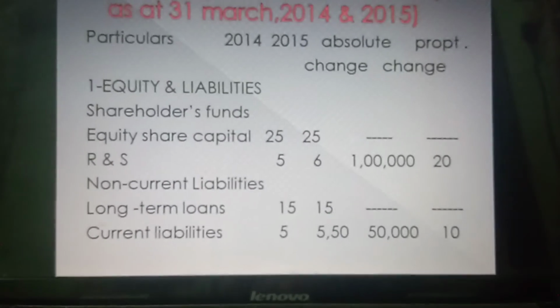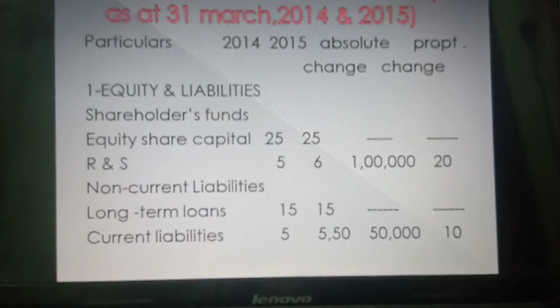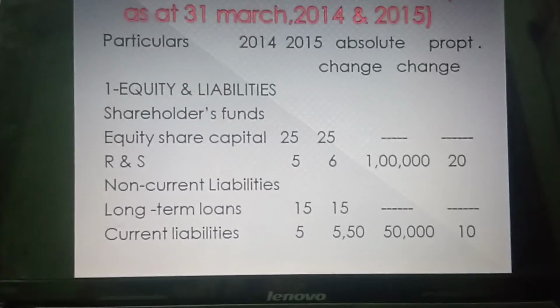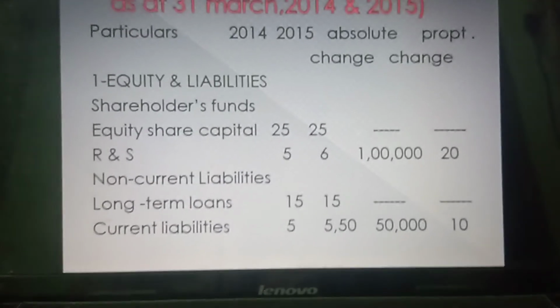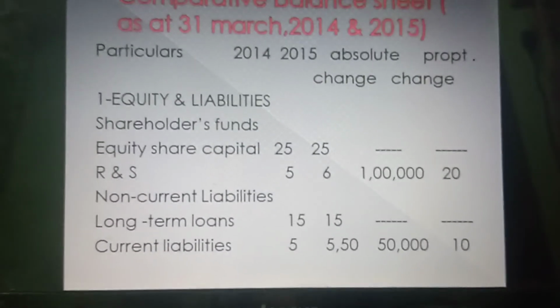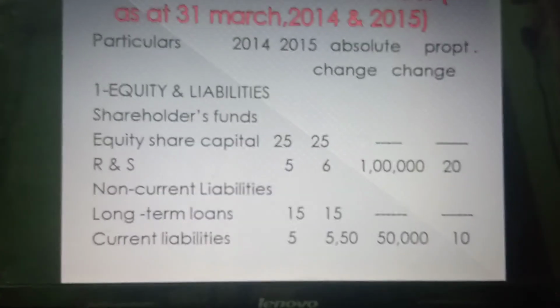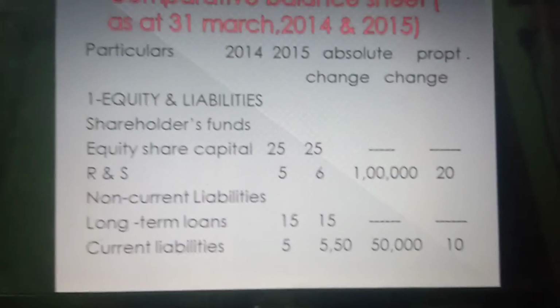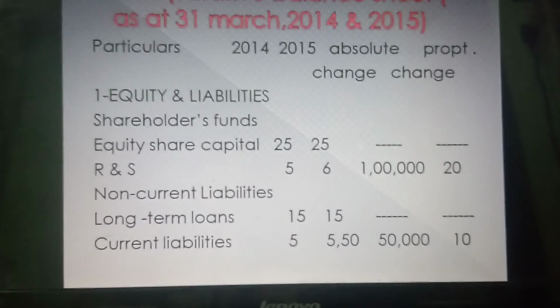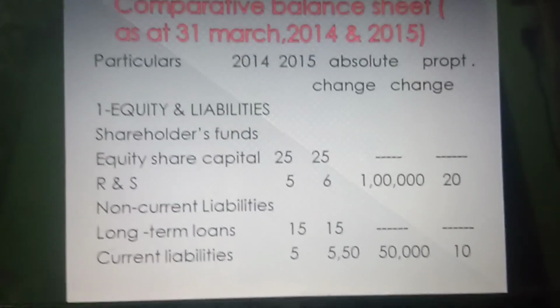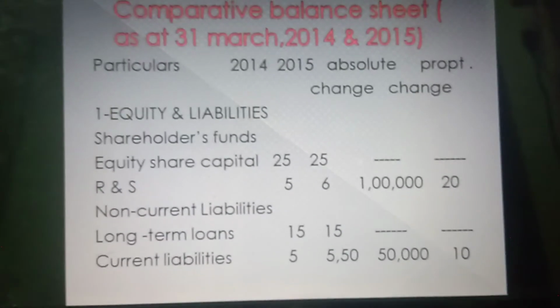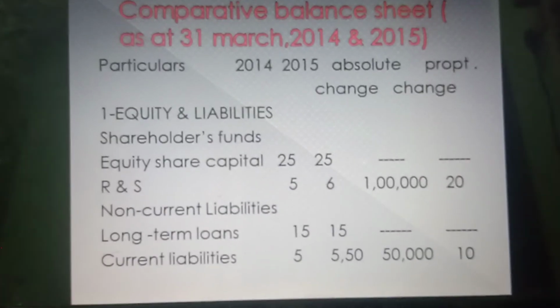Moving to the proportionate change in percentage, the formula is absolute change, which is 1 lakh, into 100, divided by the amount in 2014, which is 5 lakh. So the change in percentage is 20, and we will mention 20% in the fifth and last column. Now moving to the non-current liabilities.